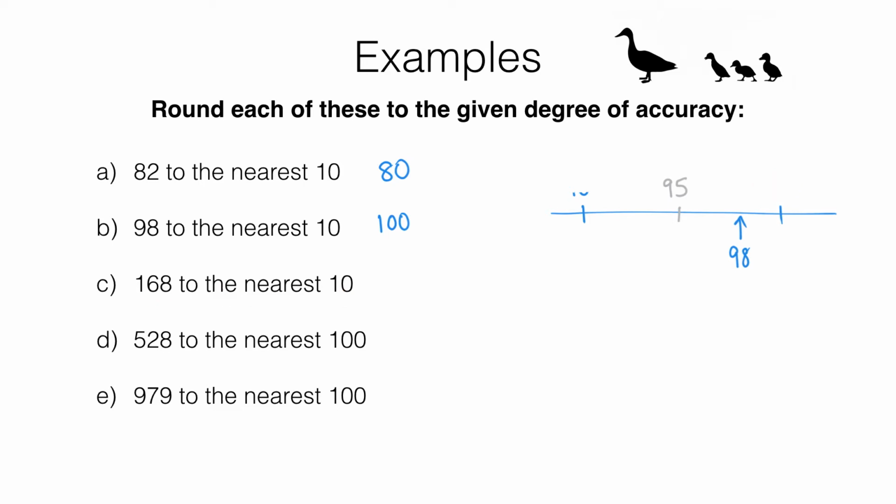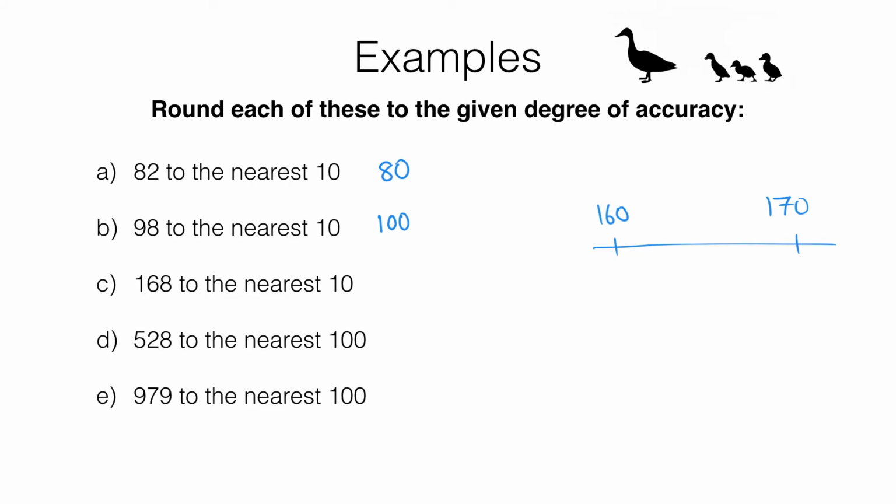Here's what you should have found. The number in the 10 times table that is just below 168 is 160. And the number that's next in the 10 times table is 170. And we can see that 168 is in between these. And the question is, which one is it closest to?